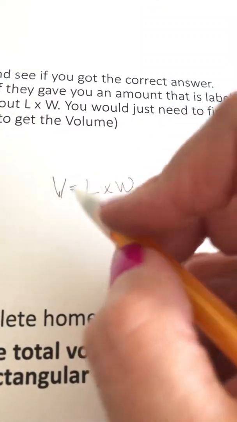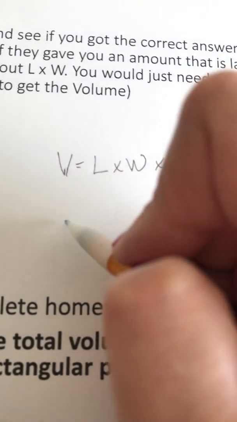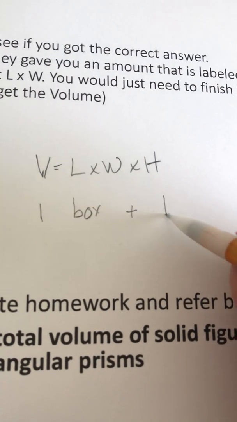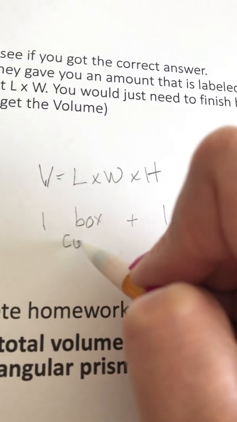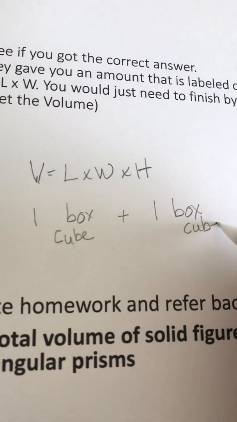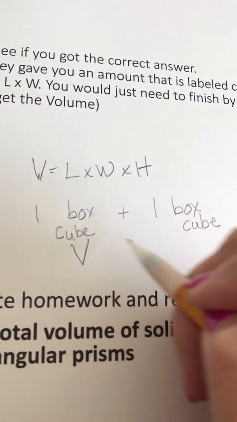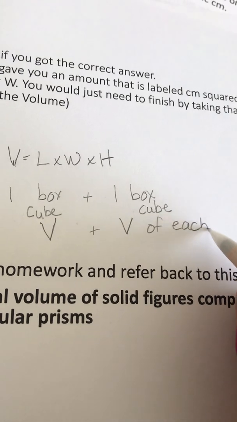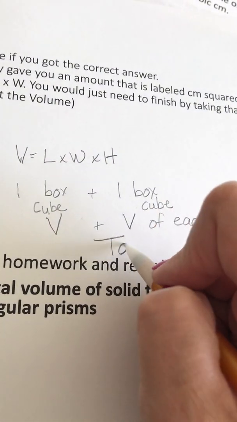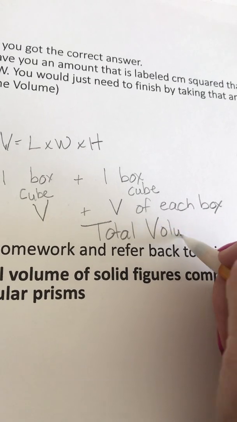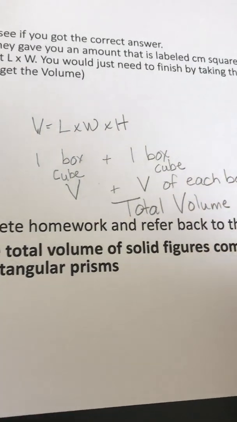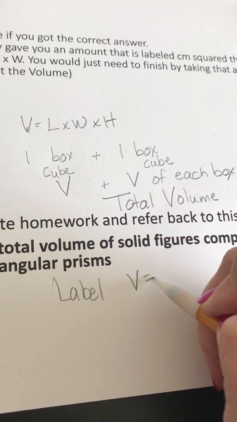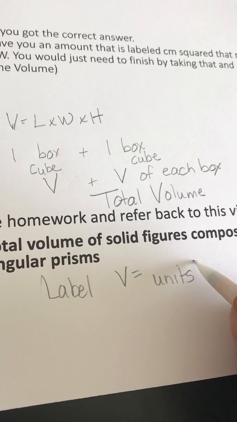Our target today consisted of taking one box plus another box, and adding the volume of each box to give us our total volume. And also when we label, we want to use units cubed for volume.